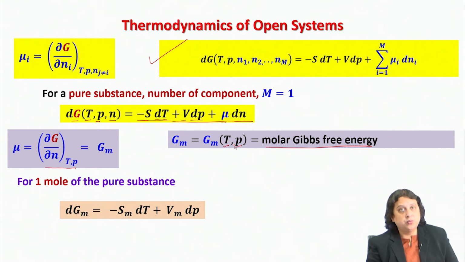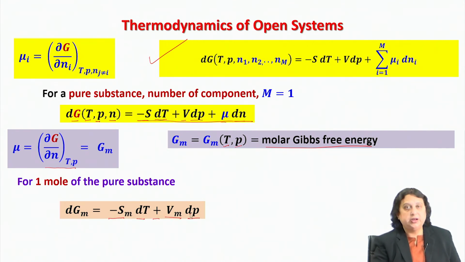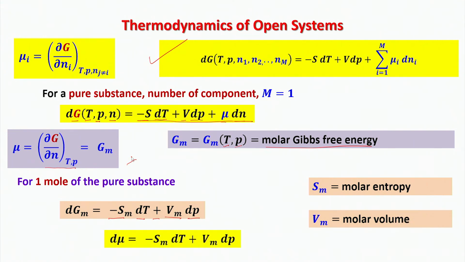Therefore, for 1 mole of the pure substance, I have dGm equal to minus molar entropy into dT plus molar volume into dp. I can put it back to the value that I have got here, and I can very easily write down that d mu must be equal to minus Sm dT plus Vm dp.